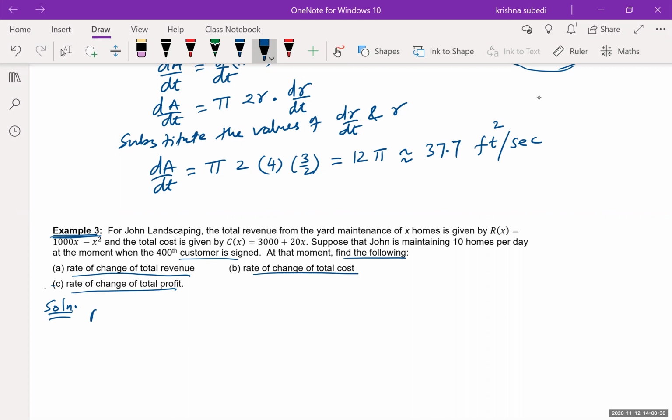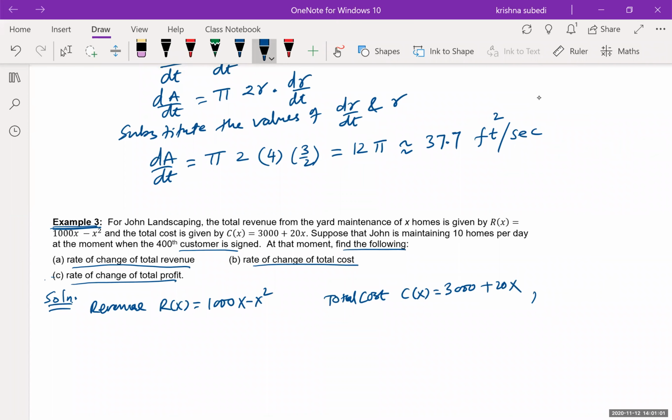Okay, so the revenue is given by R of X, that is 1000X minus X square. Cost function, or total cost, C of X is given by 3000 plus 20X. This is given. And John is maintaining X homes. Remember, X represents the number of homes.